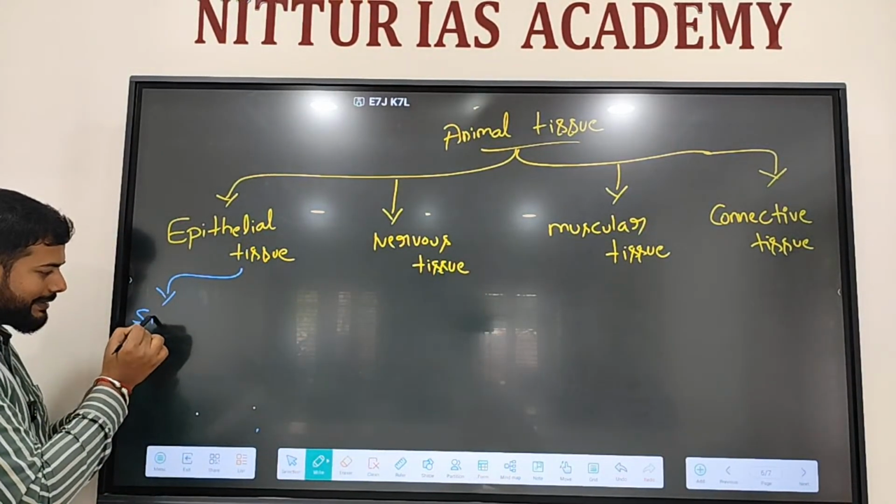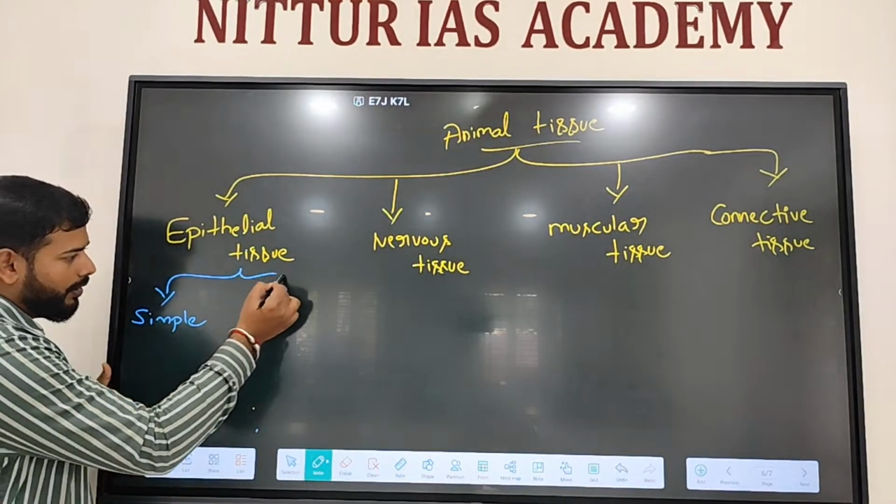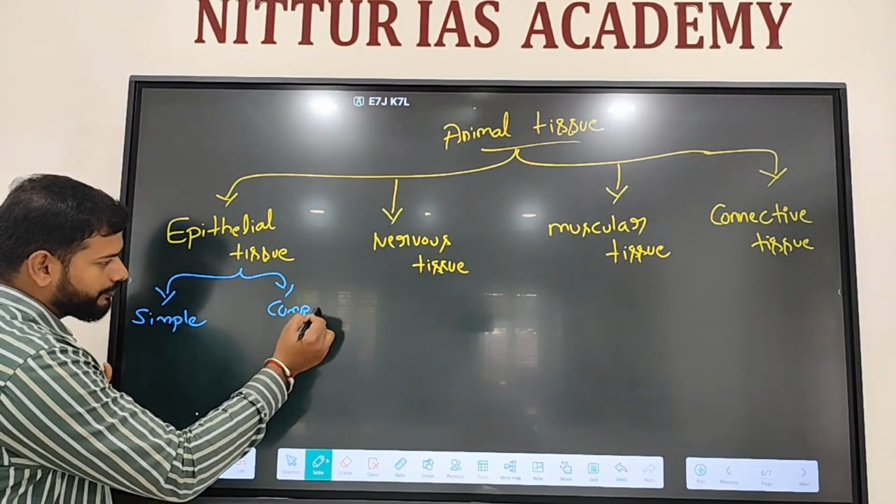There is some classification. Under epithelial tissue we have simple epithelial tissue and compound epithelial tissue.